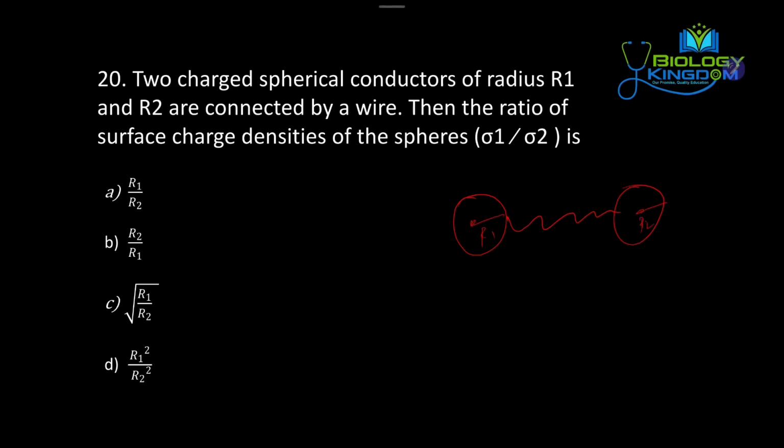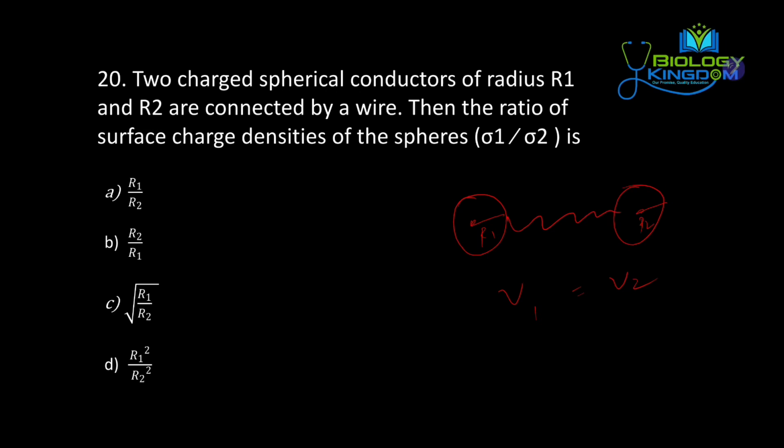The first radius is R1 and the second radius is R2, and this is a wire. If they are charged and connected with a metallic wire, the potential of this system will be constant.